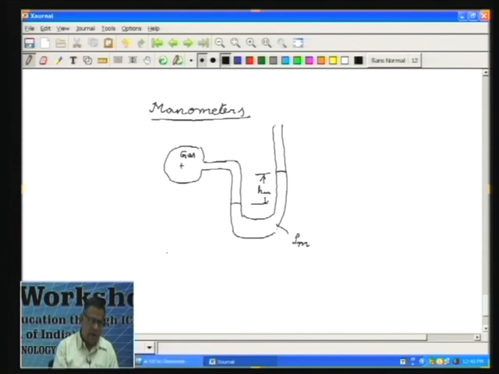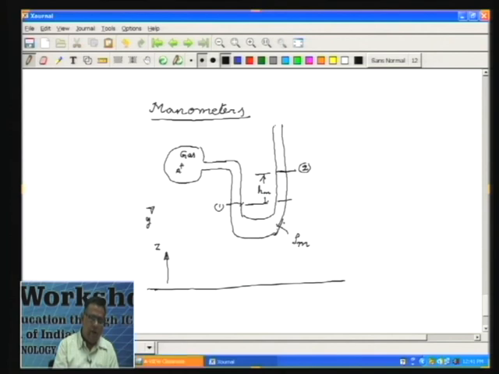So, if I say this is z and gravity is in the minus z direction, this is my datum. Let us say I call this point A, and this level I call 1, and this I call 2.